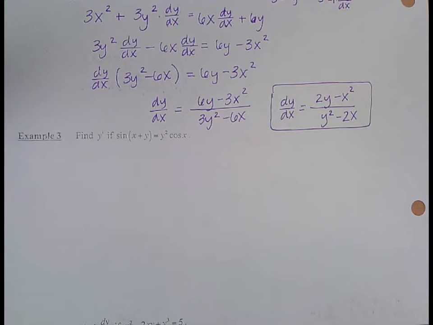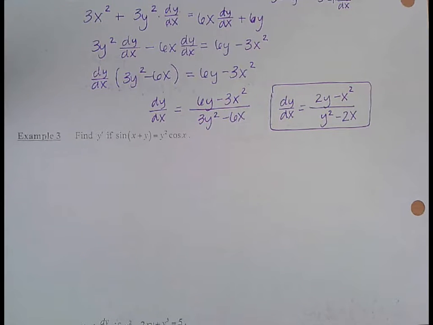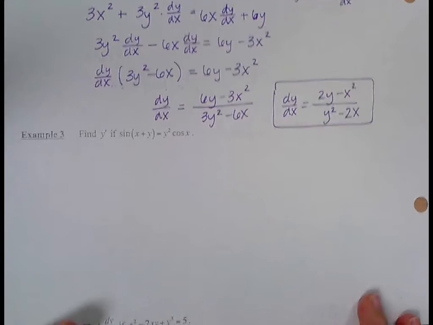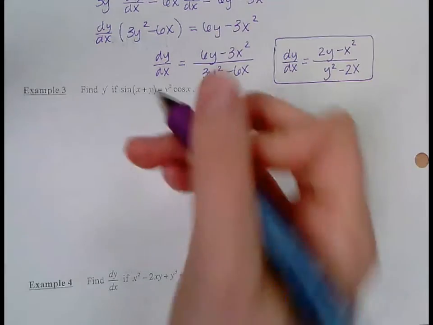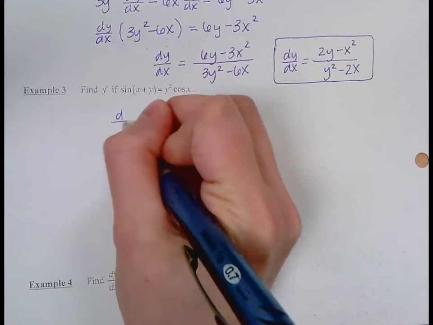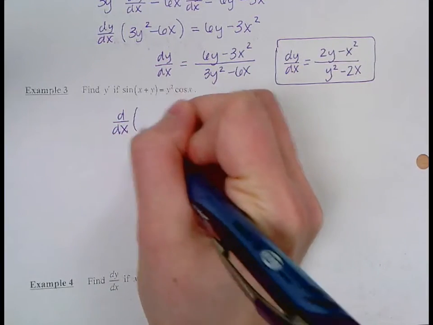So if you look at example 3, we have find y prime, which is dy dx. Find y prime if sine of x plus y equals y squared cosine x. So I need to take the derivative with respect to x of both sides.